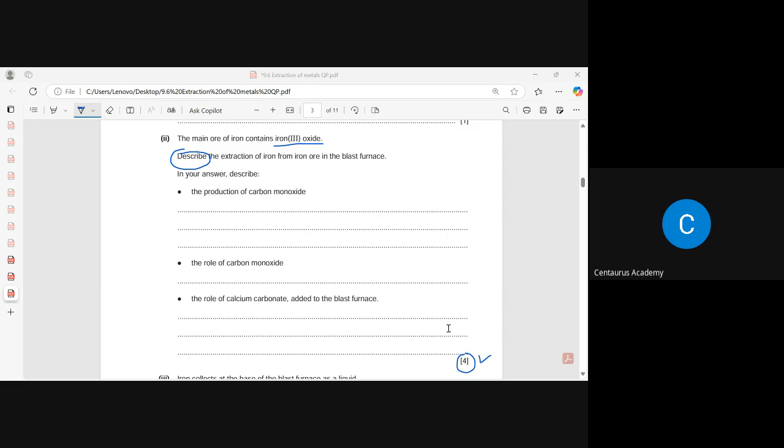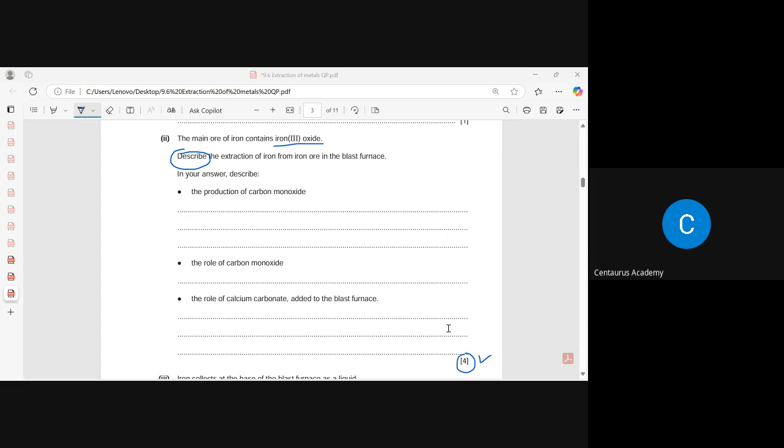No, we're talking about carbon monoxide, CO, which is formed. Coke reacts with oxygen to form carbon dioxide, and then it reacts with more coke to produce carbon monoxide.